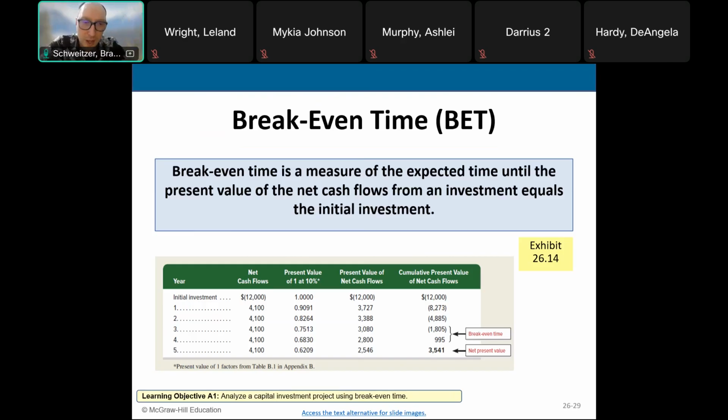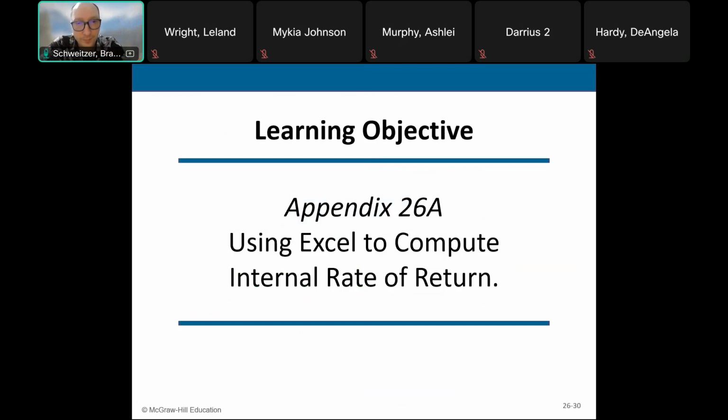So it's the initial cash outflow for the investment, year zero, and then we add in all of the present value cash flows. When we get down to zero, that's where we've broken even. Then we can calculate where exactly that point in time was. We call that break-even time.